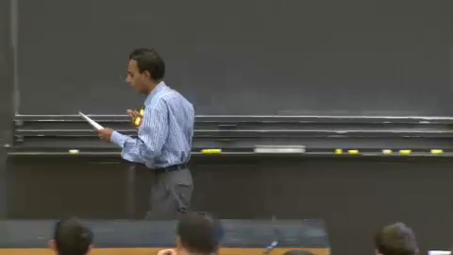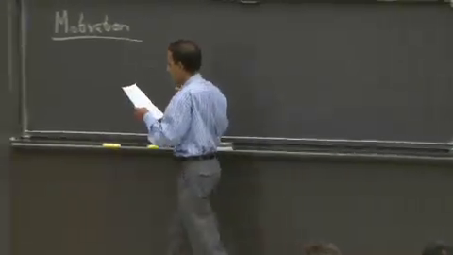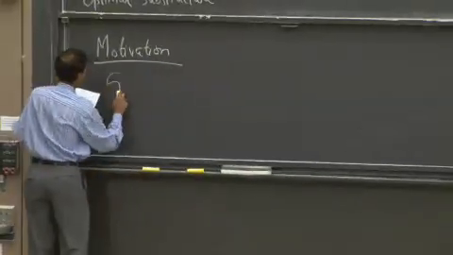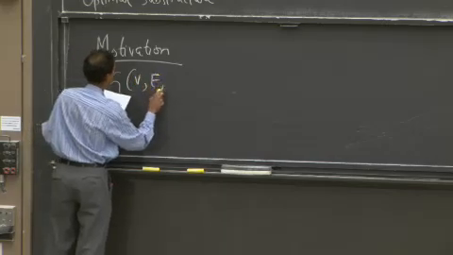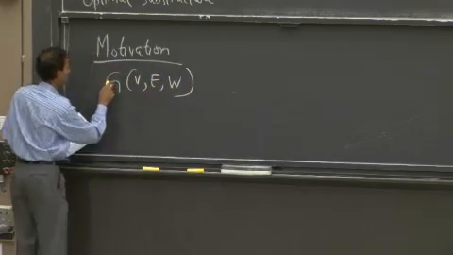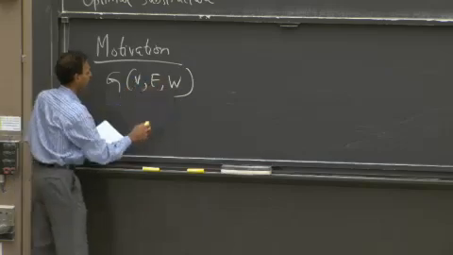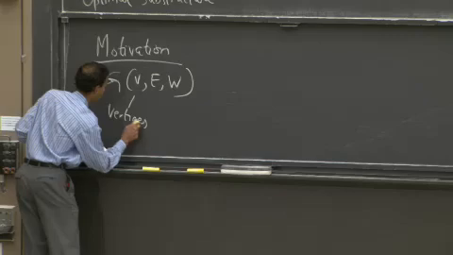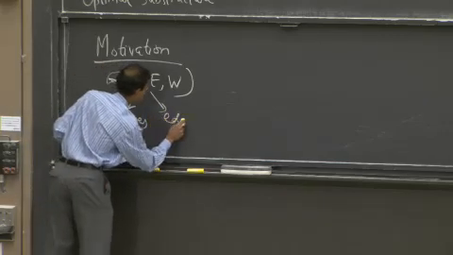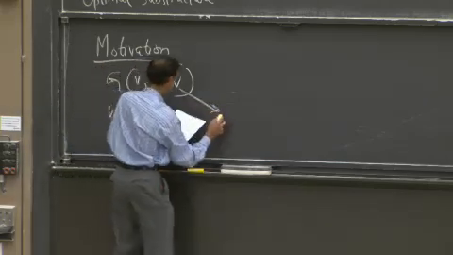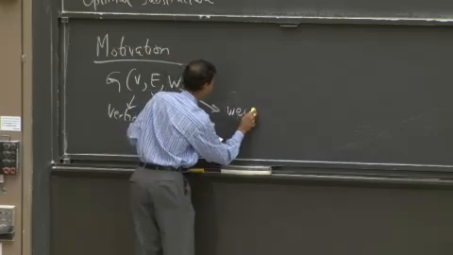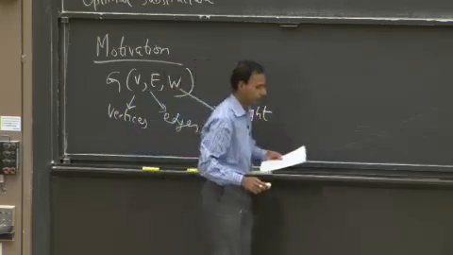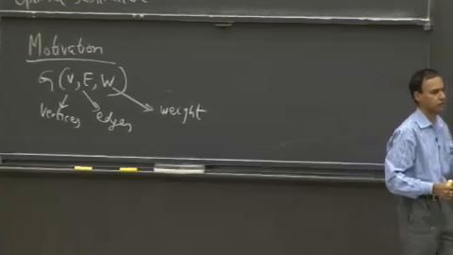So for this entire module, we're going to be looking at a graph G = (V, E, W), and you know what V and E are. They're the vertices and the edges, and W is a weight function that maps edges to weights.